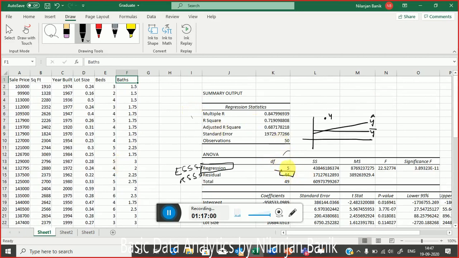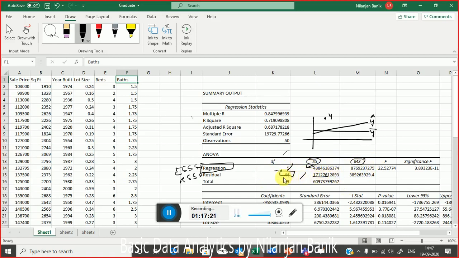Okay. Now this is the sum of square of residual. This I am going to ask you guys to calculate right now. And this mean square is basically this over this, meaning adjusted for the degree of freedom.